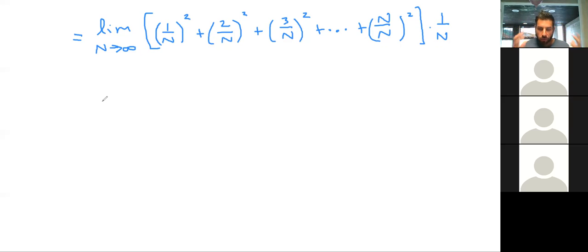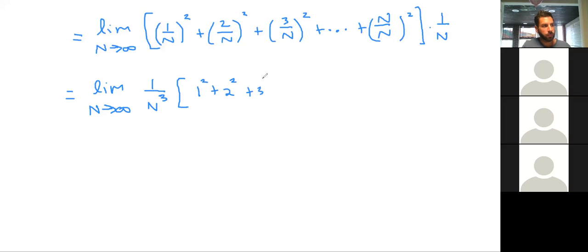And so what I can do is I can do algebra. I can use the properties of arithmetic. I can factor things out. And so what I'm going to do is I'm just going to rewrite this. I'm going to notice that every single term has an n squared in the denominator. And I also have a 1 over n way out here. So I can rewrite this as 1 over n cubed. And then what's left inside is 1 squared plus 2 squared plus 3 squared.